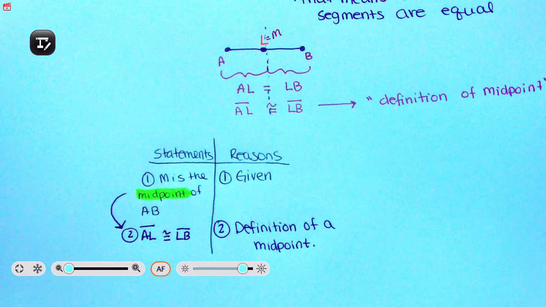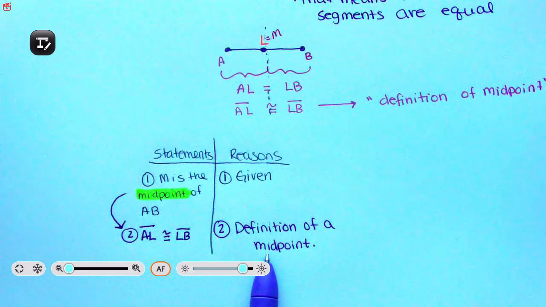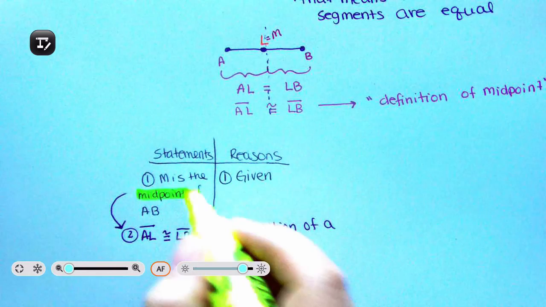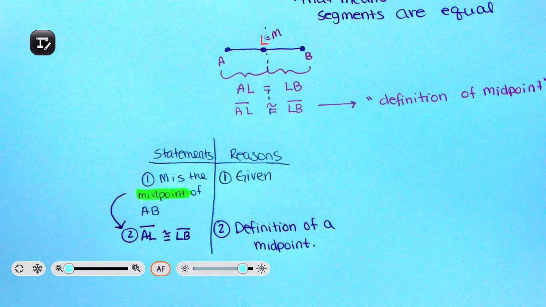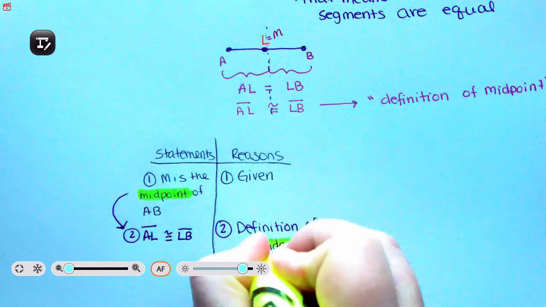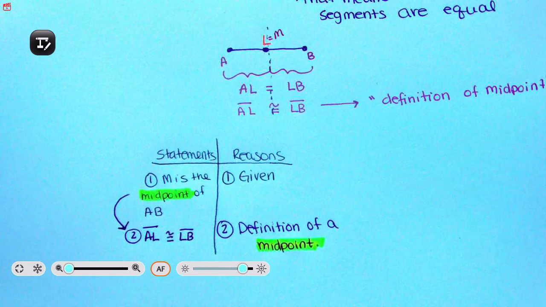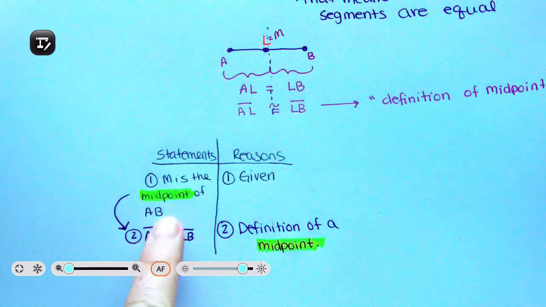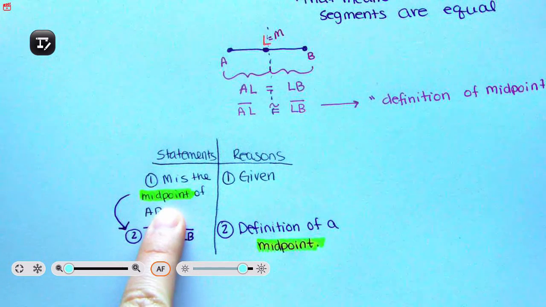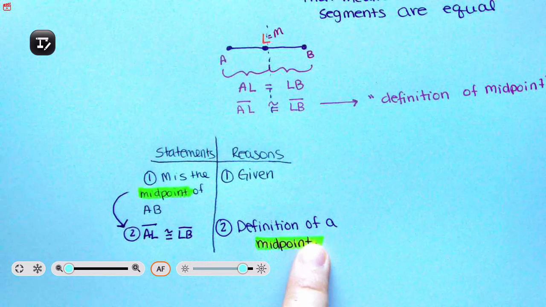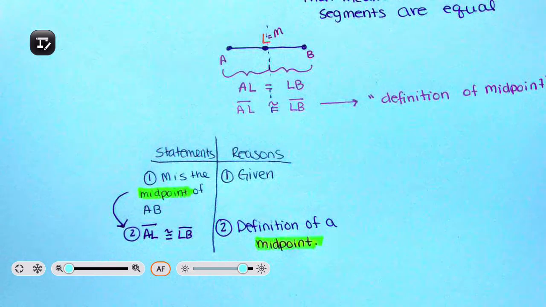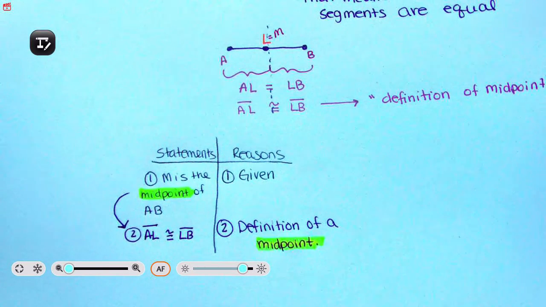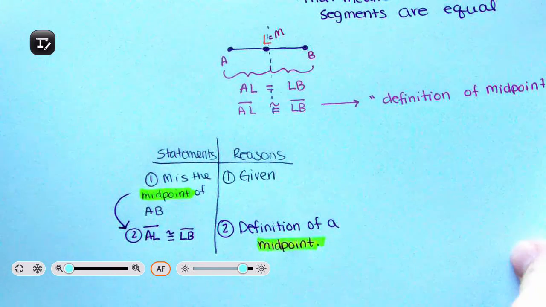How do we know that? By the definition of midpoint. Notice that I have a statement with the keyword midpoint, and we have a reason with the keyword midpoint. They have to follow each other. If you do not have the keyword midpoint, you cannot use the reason definition of midpoint. These have to match up. If they don't match up, they can't go together. Right, so that is one keyword.